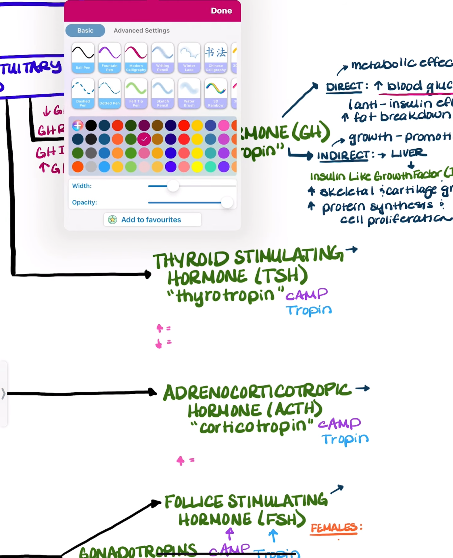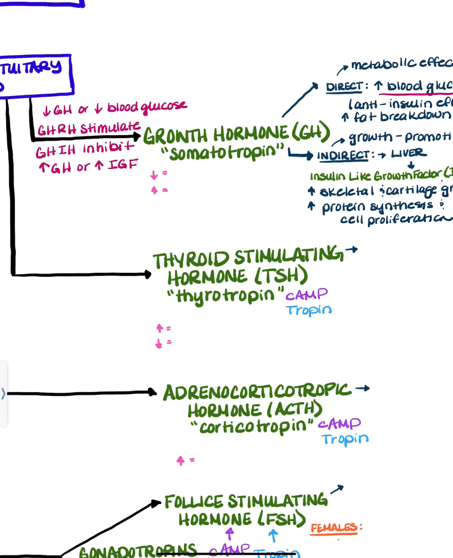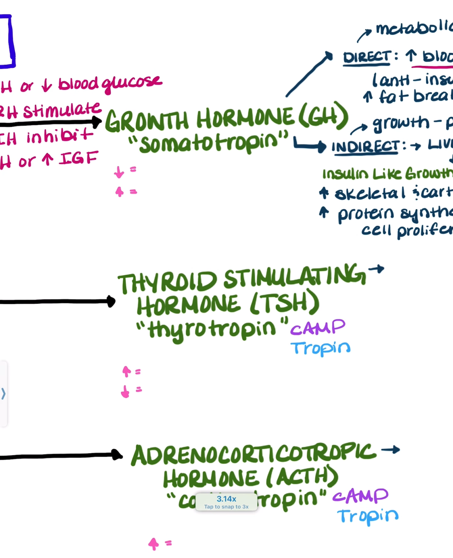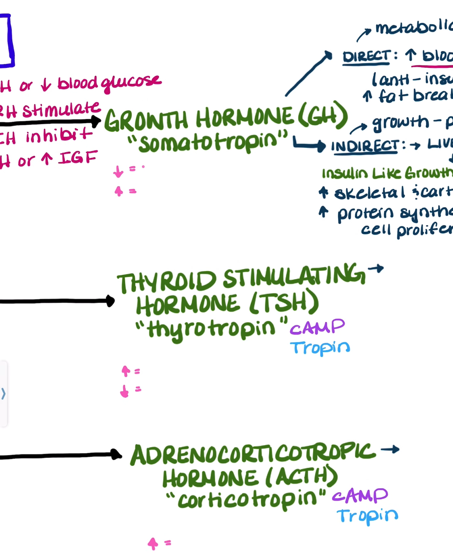Okay, so now let's talk about some conditions in which we may have hyposecretion or hypersecretion of the growth hormone. If we have hyposecretion of the growth hormone, we get something called pituitary dwarfism. This is a specific form of dwarfism because we do have genetically based dwarfism as well.